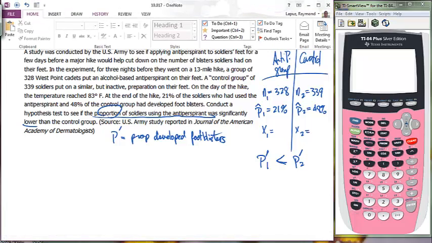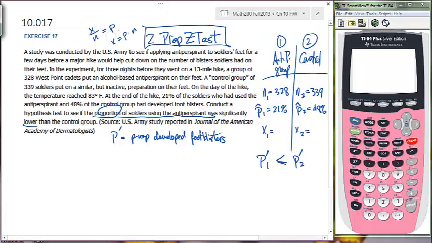Meanwhile, back to this idea that we're doing a hypothesis test. We begin our hypothesis test with a null and alternative hypotheses. And this time it's a proportion we're looking at, and it's a comparison between two proportions.